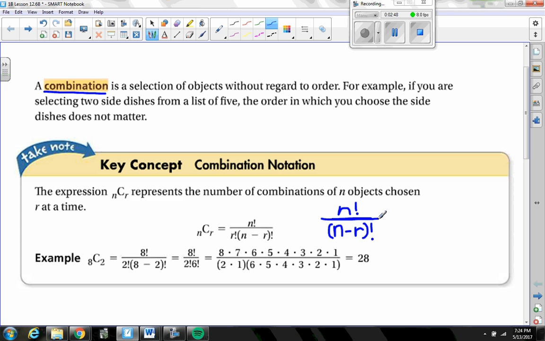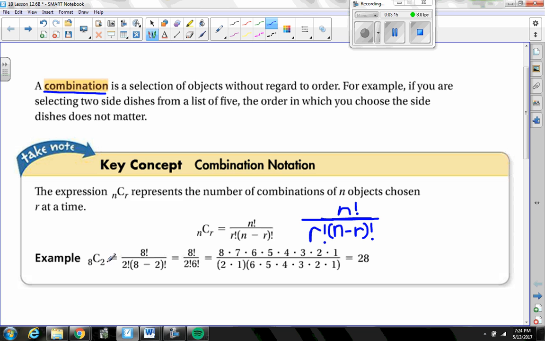But when we're talking about combinations, we add something else to the bottom of the fraction, because there are fewer ways for us to do combinations than there are for permutations. So we put down here the r factorial as well, the number of things that we want to choose, factorial.